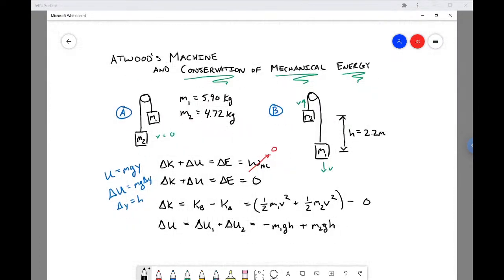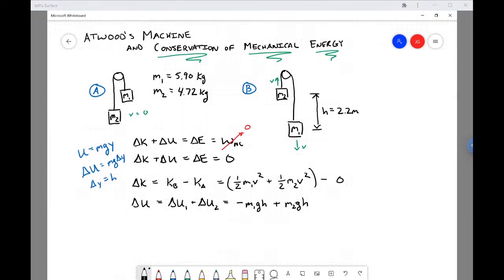All right, so now we can put this all together. The principle of conservation of mechanical energy says that if you add delta K and delta U together, you get 0. Let's factor out the 1/2. If we want to know the kinetic energy of the system, what matters is the sum of the masses times the speed squared times 1/2.